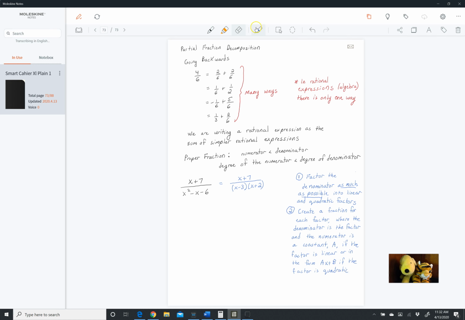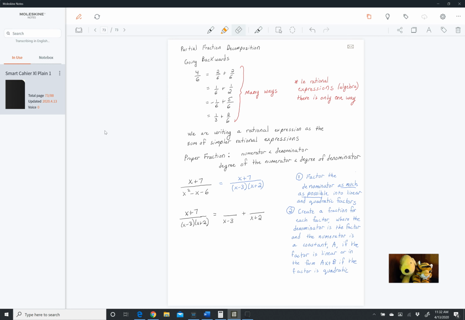So here's what we're saying. We're saying that we have x plus 7 over x minus 3 times x plus 2. And we're going to separate this into different fractions. So the first fraction is going to have a denominator of x minus 3, and the second fraction is going to have a denominator of x plus 2.